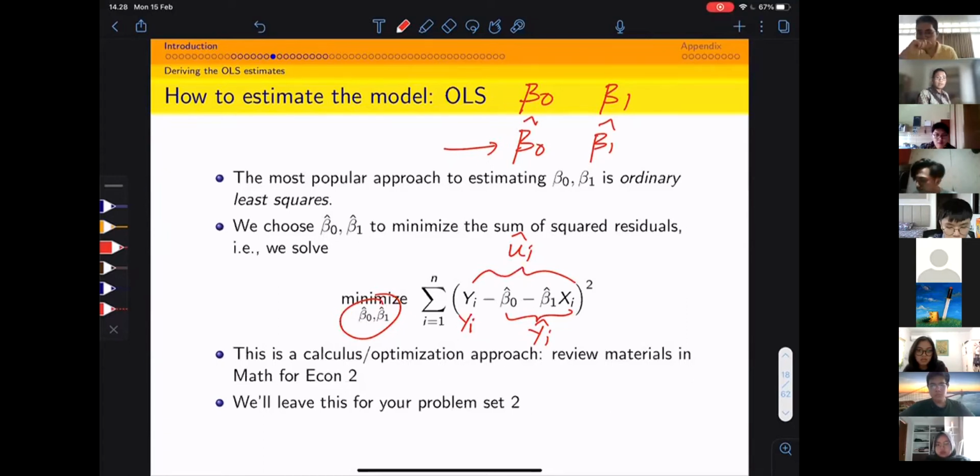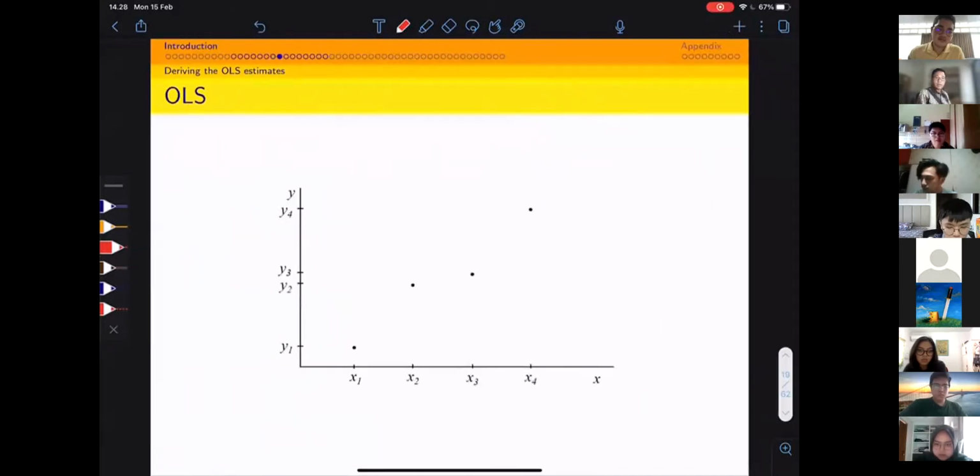Okay. So this is a calculus optimization approach, and you can review the materials in your math for econ 2 sequence. Okay. We're going to leave this for your second problem set. Okay. So I'm just going to give you an idea before I open up a chance for students to ask. Basically, this dot here is the actual pair of y and x.